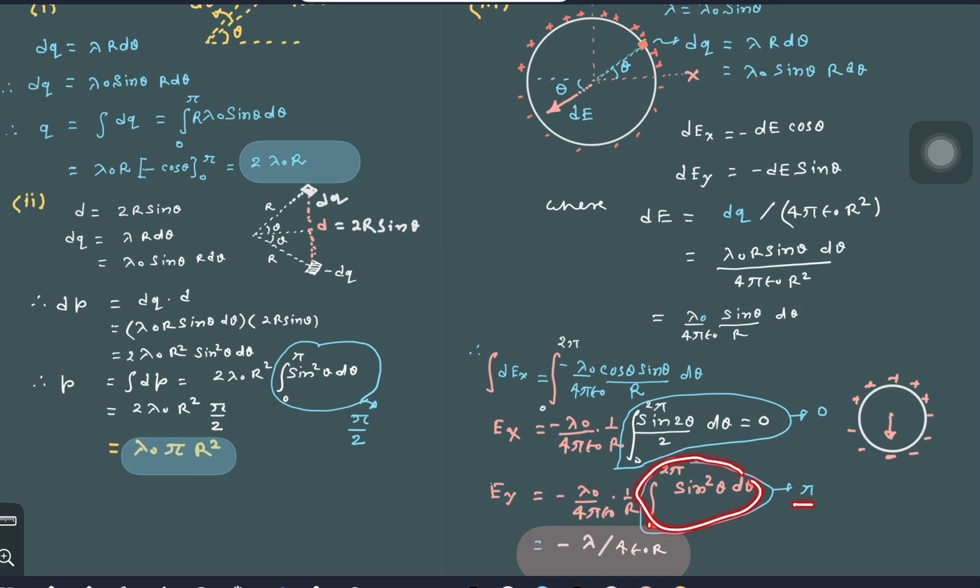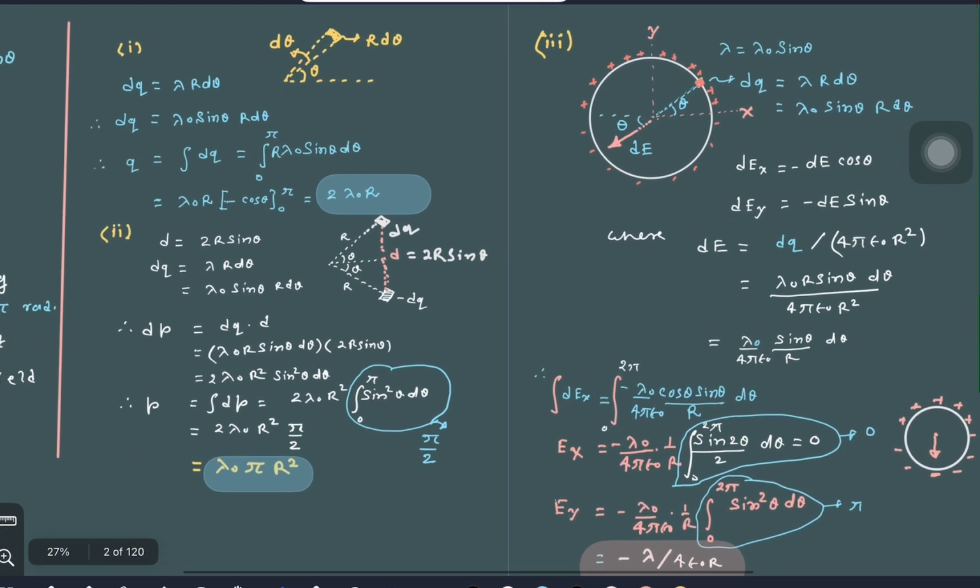The limit will be 0 to 2 pi because, as I have explained here, theta is varying from 0 to 2 pi to cover the whole ring. This minus sign indicates that the field will be in this direction, negative y. So the actual answer should be this much field in the negative y direction. You can cross-check if my calculation is all right. This should be the correct answer.